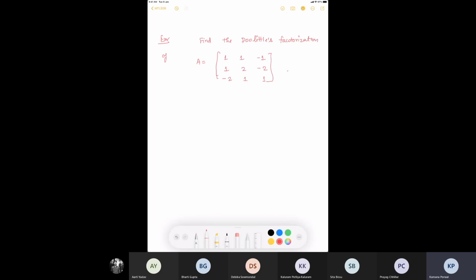And once you have the factorization of the matrix A as L into U, then you have to solve AX equal to B, with B as (1, 1, 1) transpose, using the obtained LU factorization.